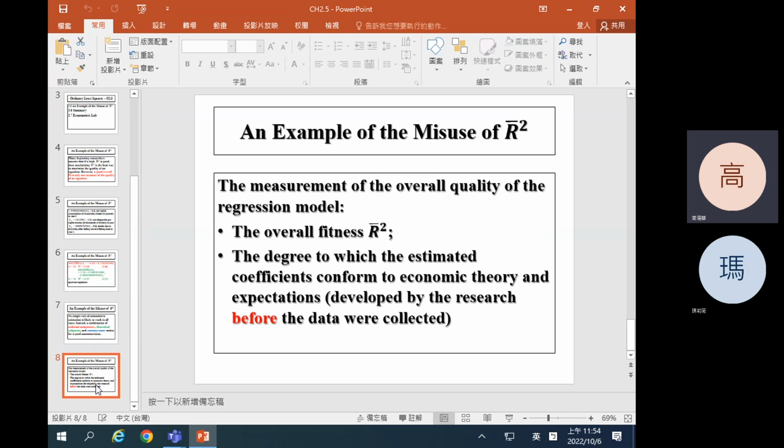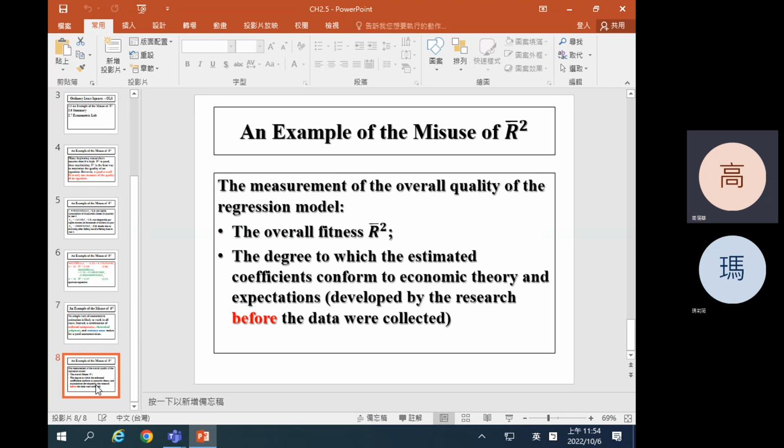All this you have to think about before you collect the data. Not collect the data, then run the estimation, and see from the output. That's wrong. That's really reversed, or we can say upside down.